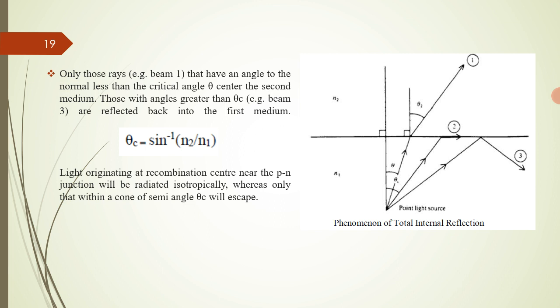Here the light originating at the recombination center near the PN junction will be radiated isotropically, whereas only that within a cone of semi angle theta c will escape. So this is the basic working principle of the light emitting diode.